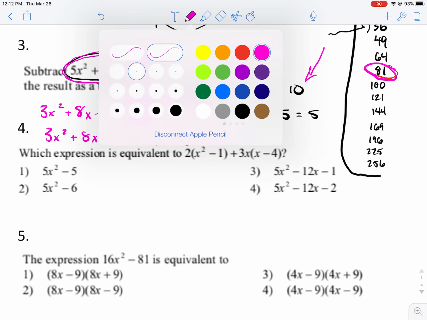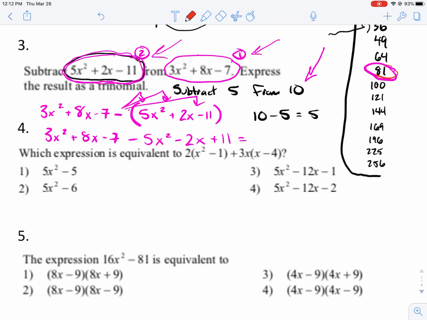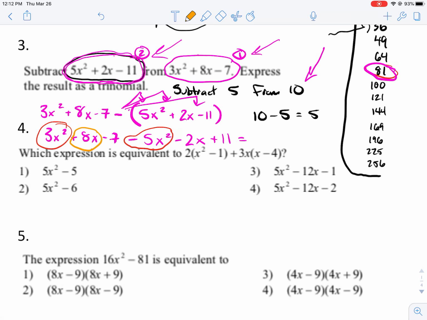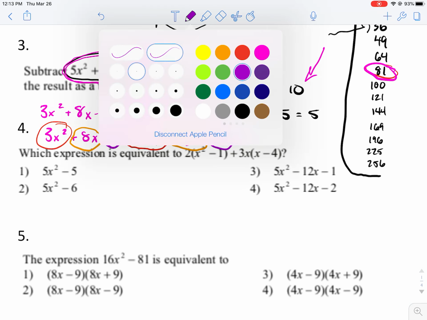And then now we just combine like terms. So let me get some different colors in here. All right, so this one, we'll go with this one. Ooh, gotta keep that sign in there. Okay, this one, we'll go with this one. And the constants, go with the constants.